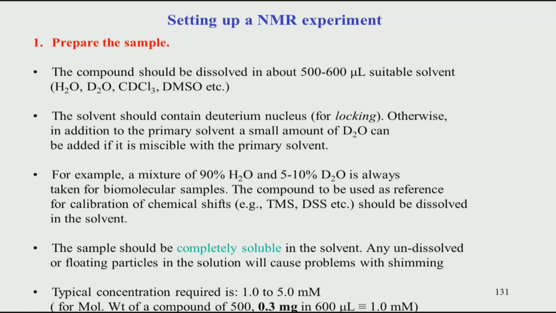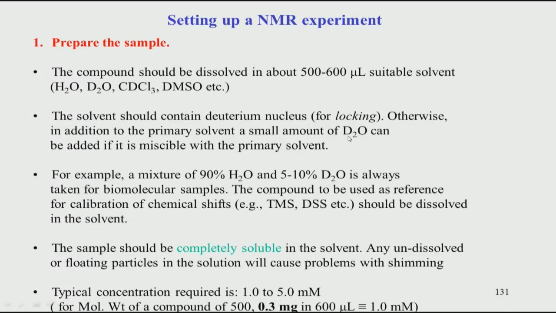Typically, you take a nucleus which is inert or in the background, and you add a small amount of deuterium. It need not be D2O; it can also be the D in CDCl3. You just need the presence of a deuterium nucleus in your sample, not in your molecule. It has to be in the solvent, because the molecule will have a different frequency of D. So, typically the solvent deuterium is used, and you adjust the frequency of the spectrometer by continuously monitoring the deuterium.